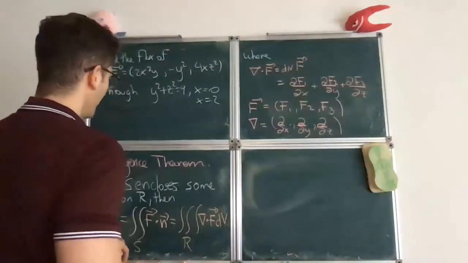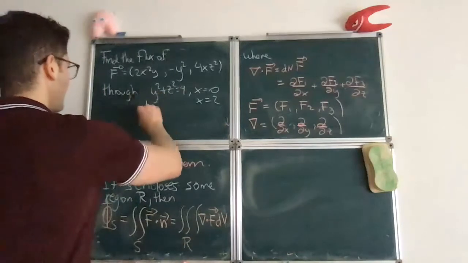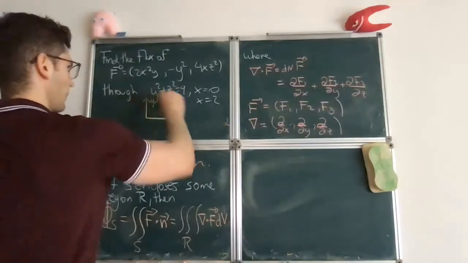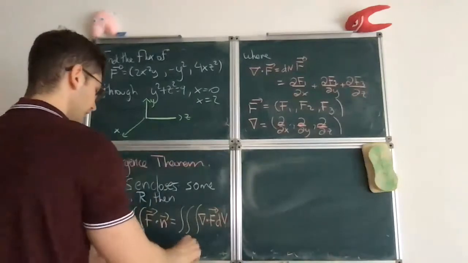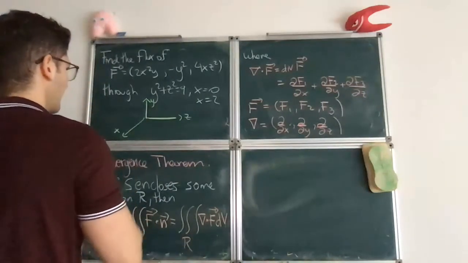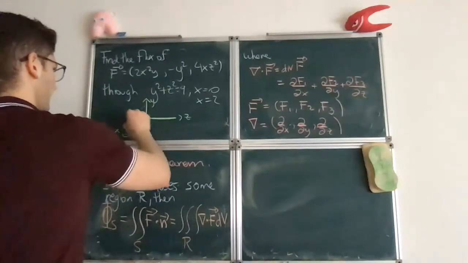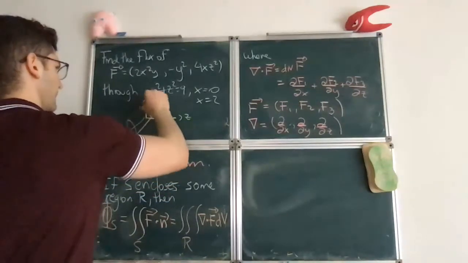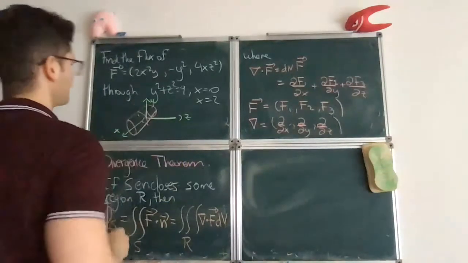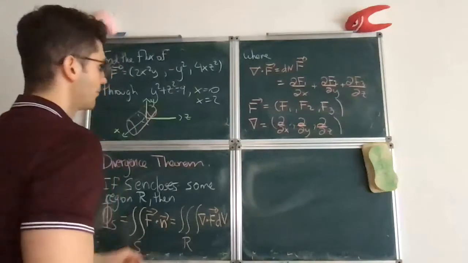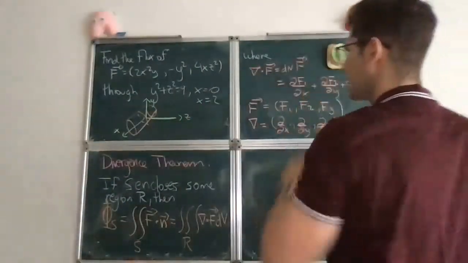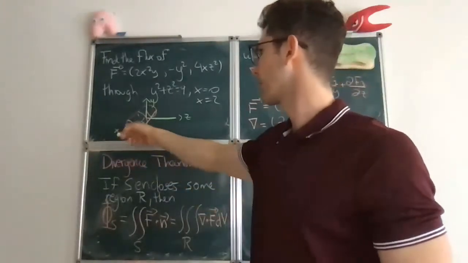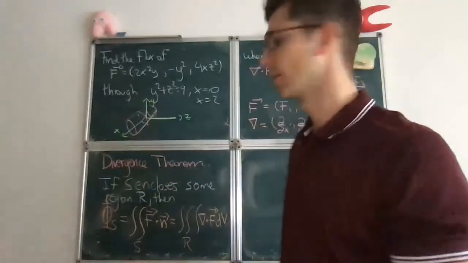So if you remember, this flux problem consisted of a cylinder, and I had computed the flux before through this cylinder by breaking it into three pieces: the top, bottom, and the cylindrical part.